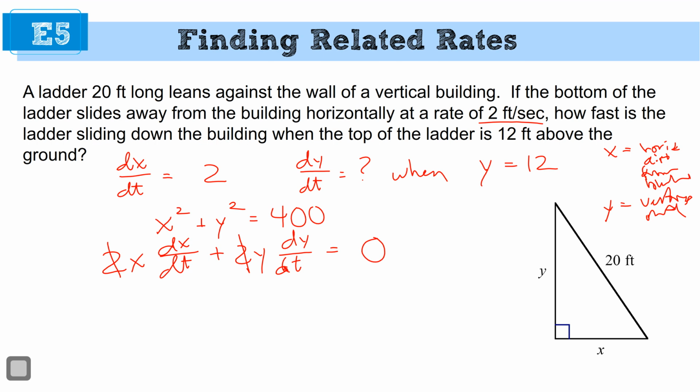When y equals 12, I get x squared plus y squared equals 20 squared. Therefore, x squared plus 12 squared is equal to 20 squared. So it'd be 16? Yeah, a 3, 4, 5 triangle times 4. Or you could just crank it out on your calculator: 20 squared minus 12 squared, take the square root of that.